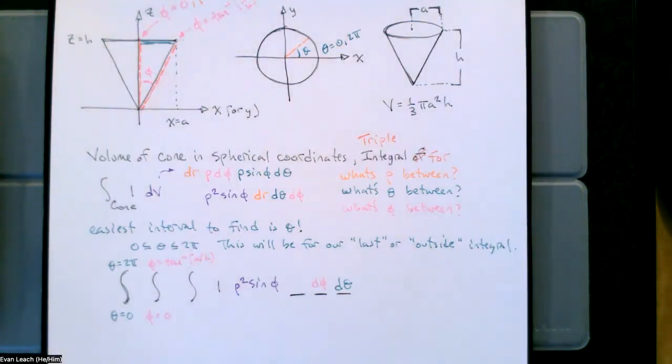It also looks like, since phi and theta are both just intervals, I could have switched that order if I want. But rho is going to have to go before phi. So the way I've set it up here, rho is going to have to go first.